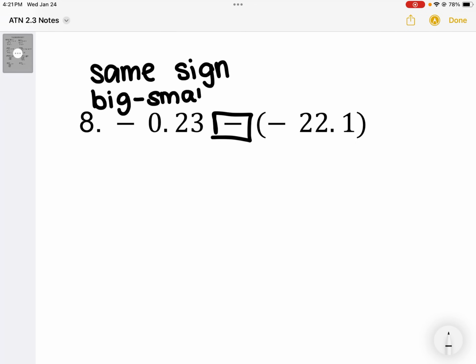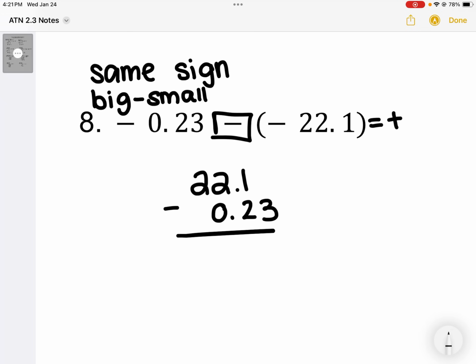So I will put my equal sign and my positive. Now I'm going to ignore the signs and set up my subtraction problem. 22.1 is the bigger number when you drop the signs, and I'm going to subtract 0.23. I need to have the same amount of numbers, so I'm going to fill in a 0 behind the 1.